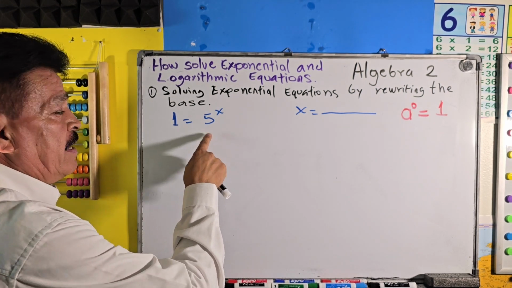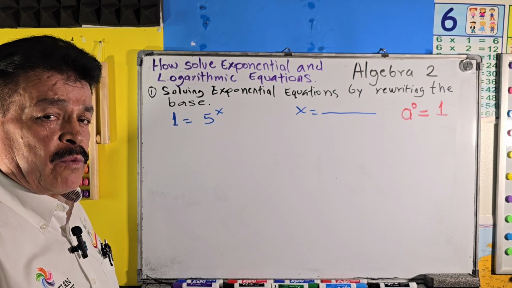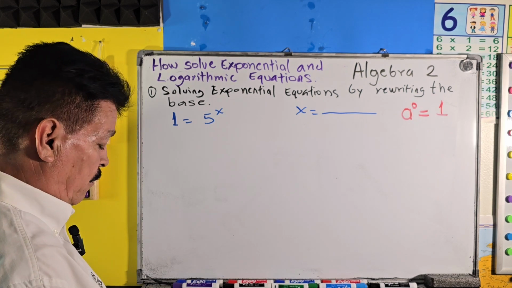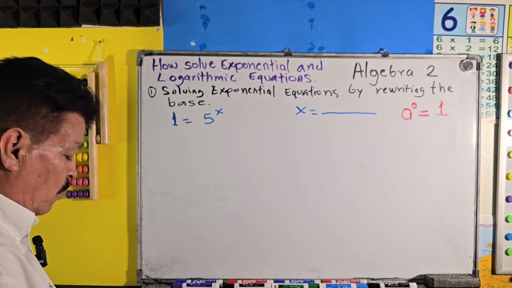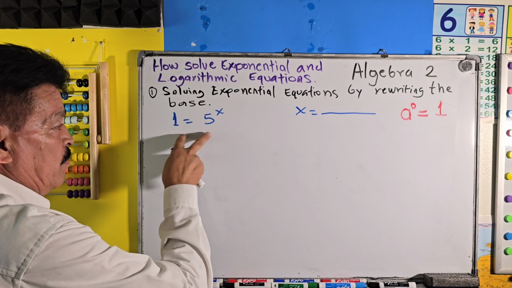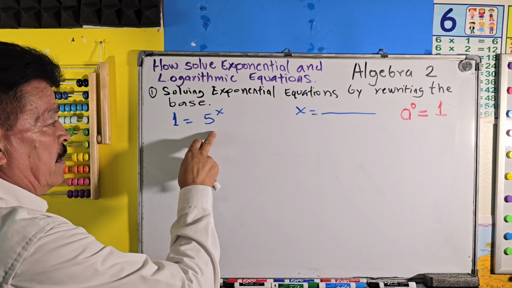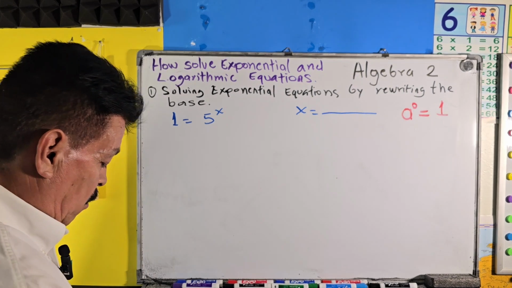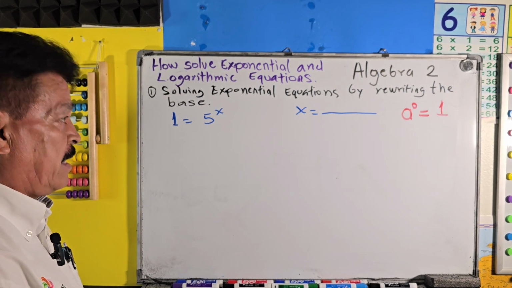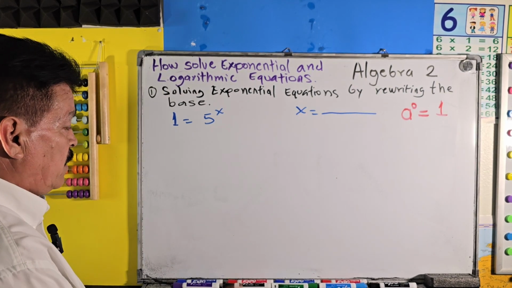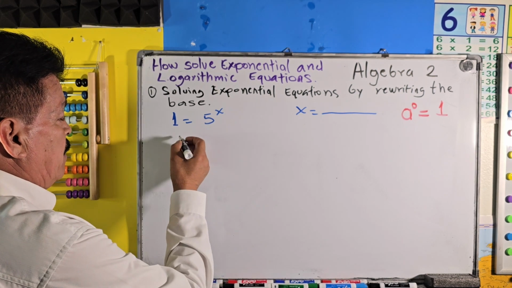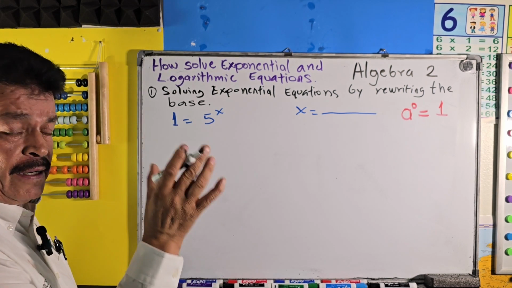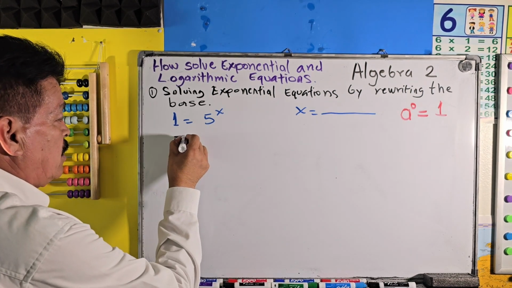both 1 and 5, we are able to write as a power of 5. That is the first step. The next step, we will write 5 to the 0.